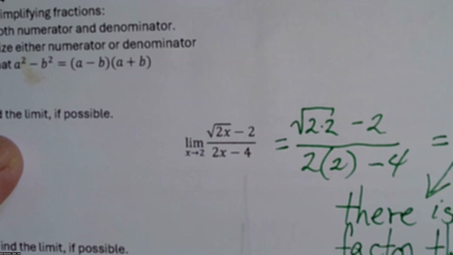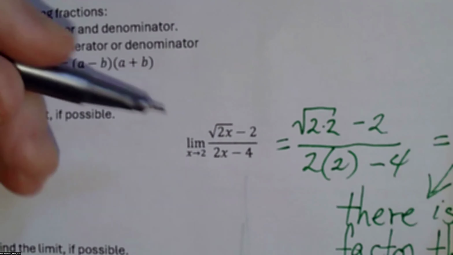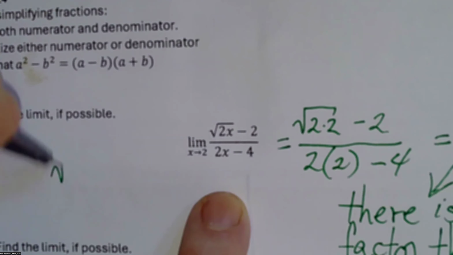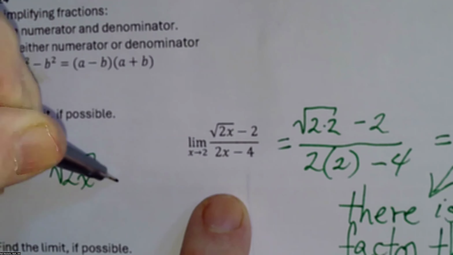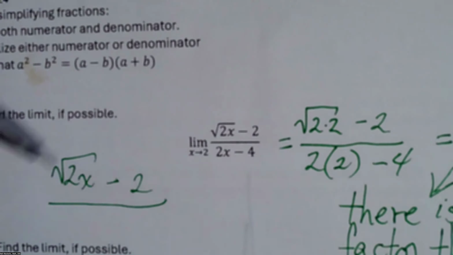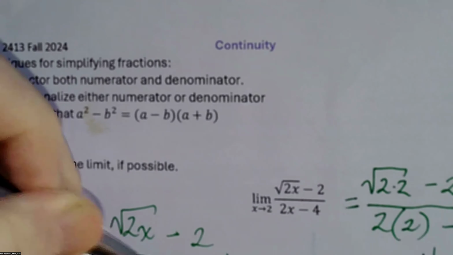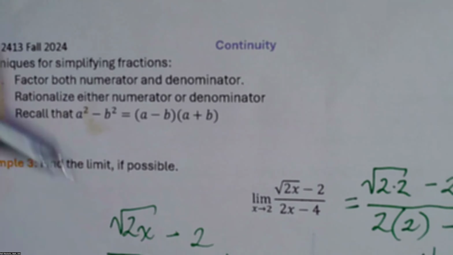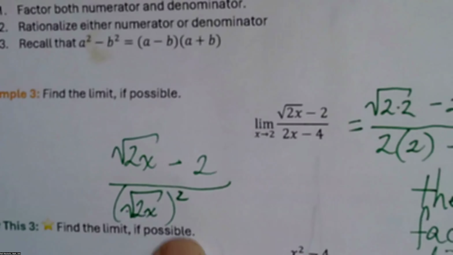All right. Good. So I'm going to write the square root of 2x minus 2 divided by the square root of 2x squared. Is that right?